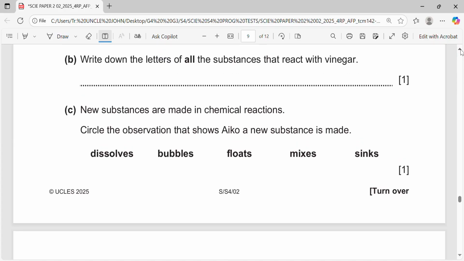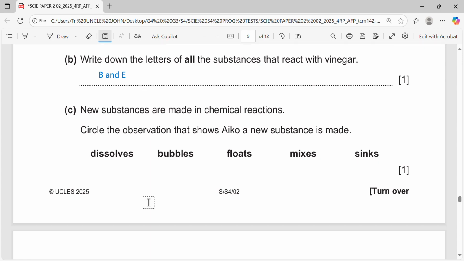Write down the letters of all the substances that react with vinegar. The letters are B and E. New substances are made in chemical reactions.